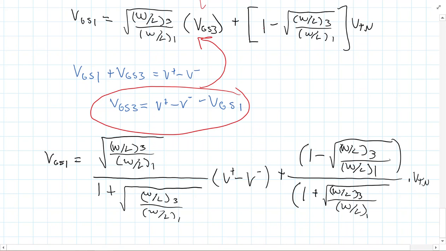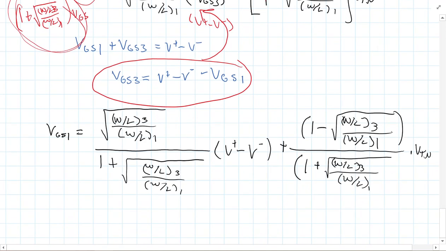So it's a kind of ugly, messy equation, and where that all comes from is that since we're plugging the VGS1 into here, we're going to add that term to both sides. So that's why you'd wind up with a 1 plus the square root of W over L third divided by W over L of the first times VGS, and then you'd be left with a V plus minus V minus here, and then we're simply dividing by this term.